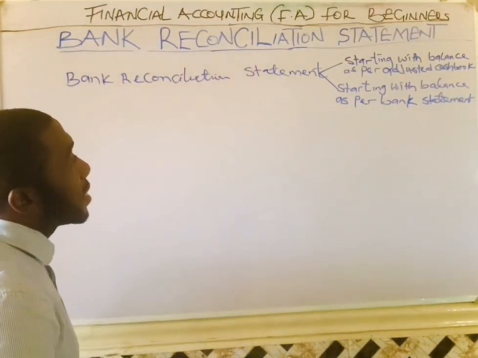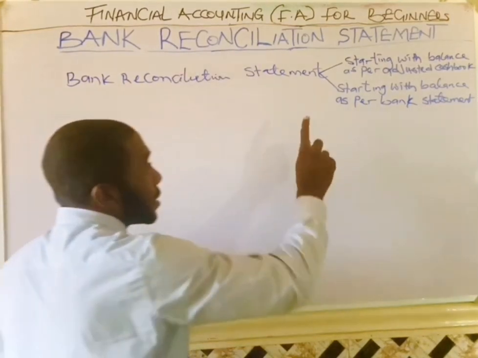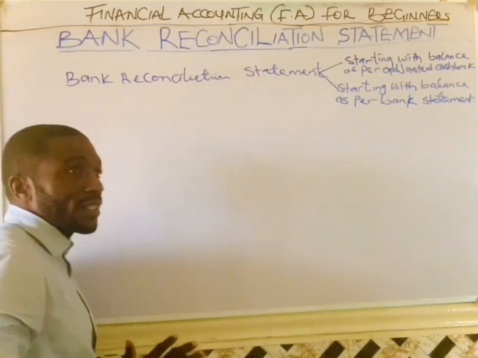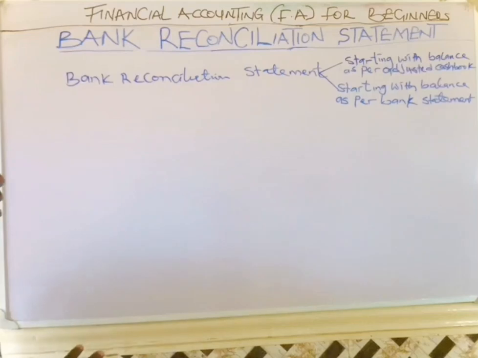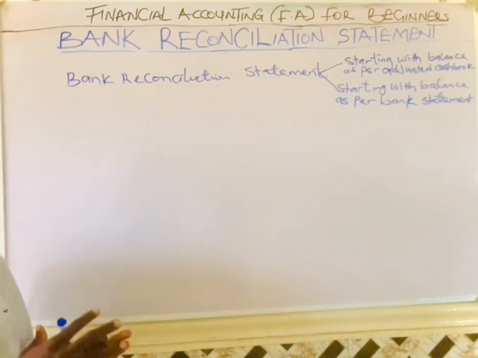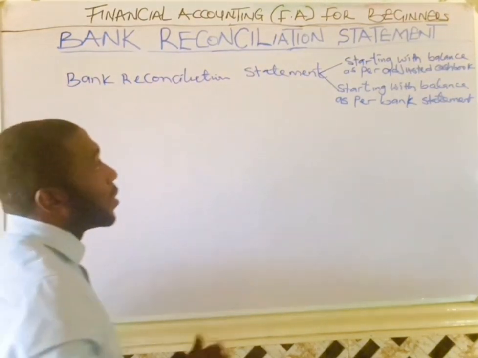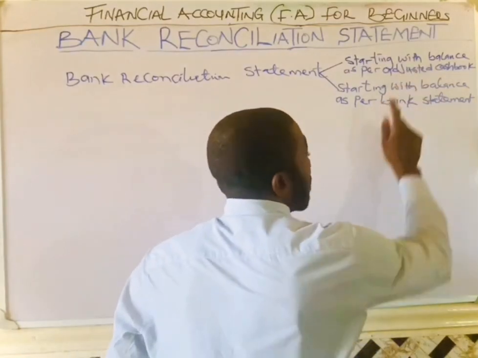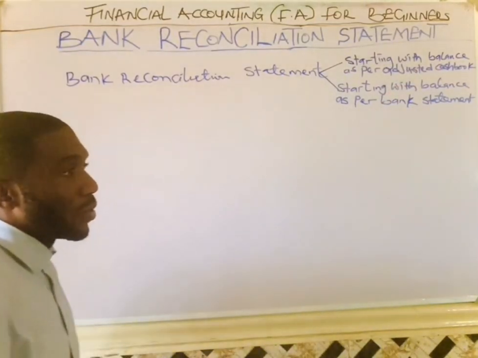So if you are starting with balance per adjusted cash book, please listen attentively. If you are starting with the balance as per adjusted cash book, all the reconciliation adjustment would be on the balance of the adjusted cash book.